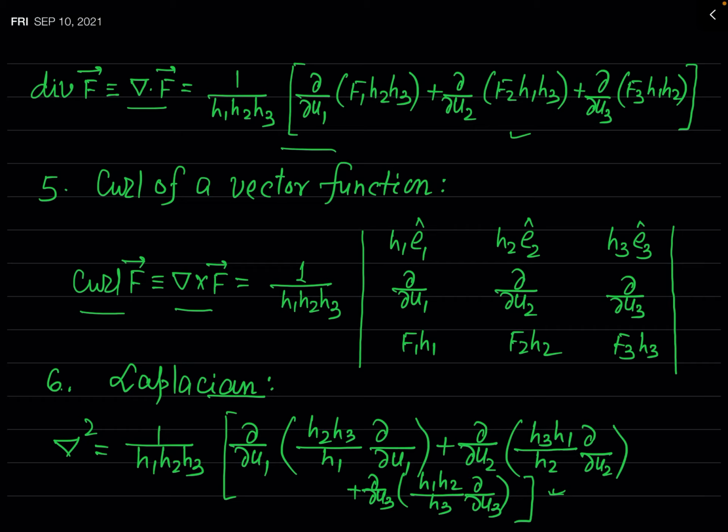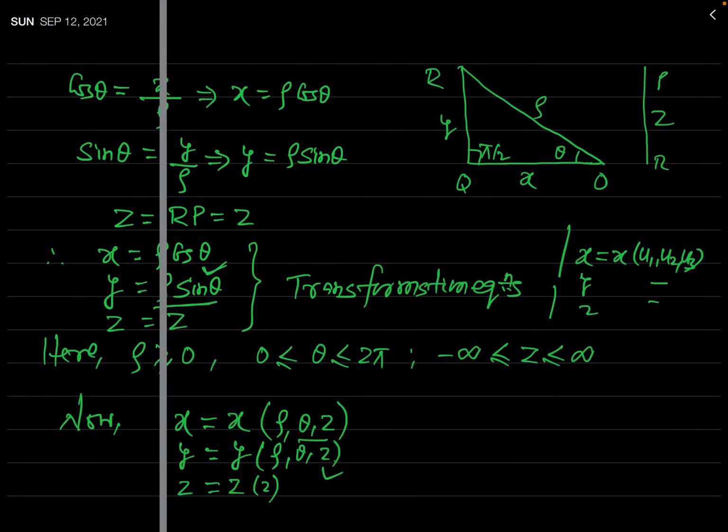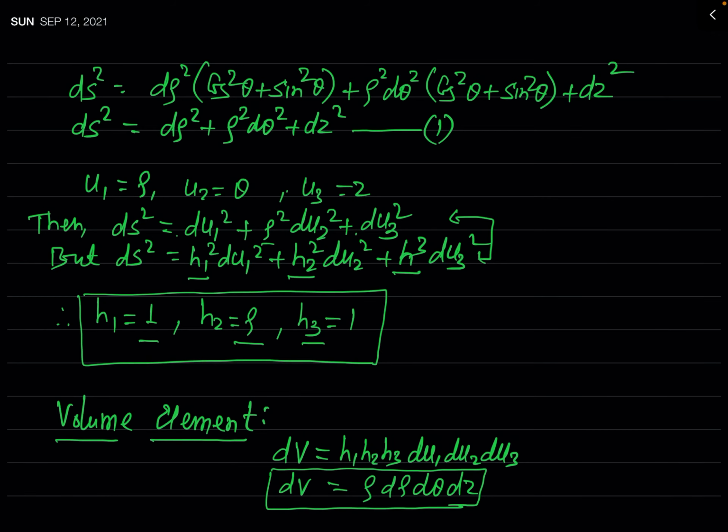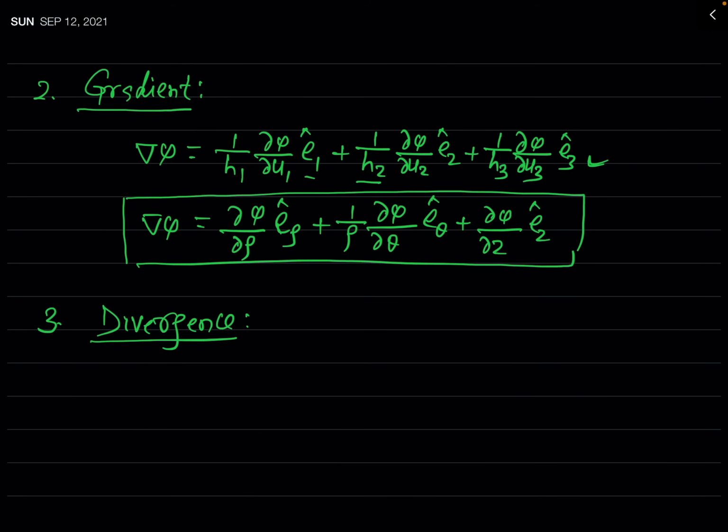You can see I have mentioned it here, and you know this because you have already studied it in the previous lecture. I am just repeating that expression for your convenience, or you may write it directly.